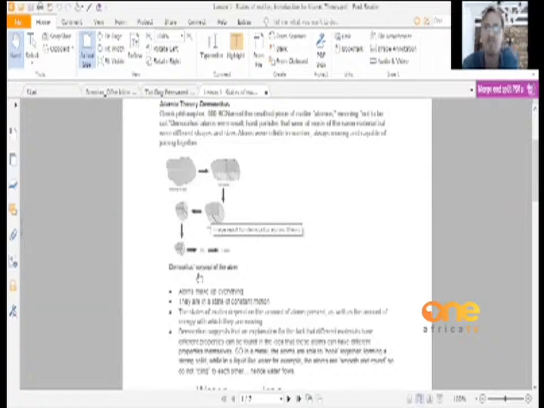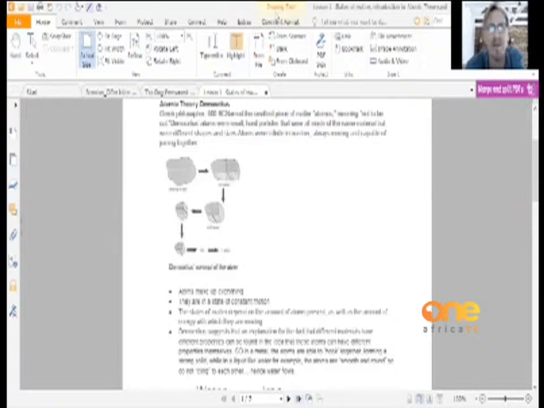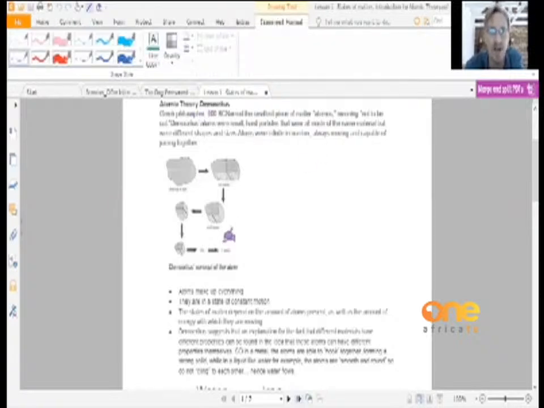His suggestion was that if you continue cutting things in half, you're eventually going to come down to the atom, which is also stated as being the smallest particle of matter.